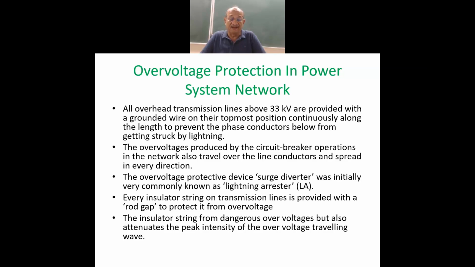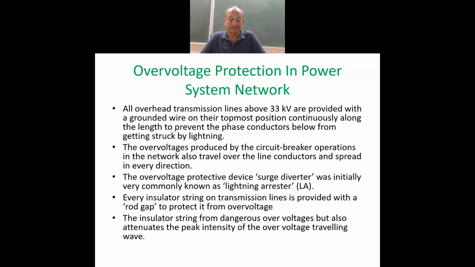Earlier, it was very commonly known as lightning arrestor, because the significance of overvoltage was only from lightning strikes. The significance of overvoltage produced by switching operation was not there when the level of transmission line voltage was lower.